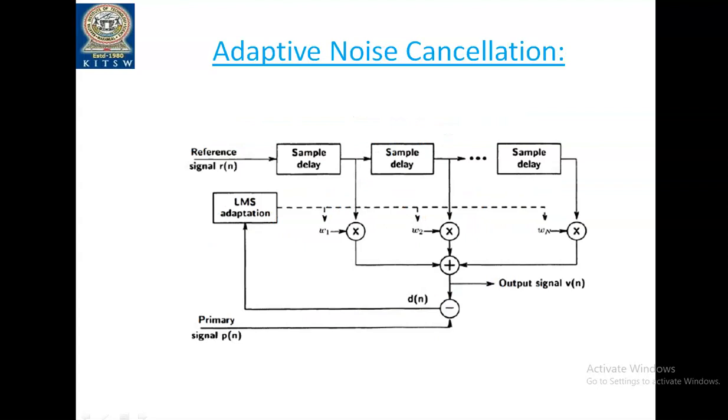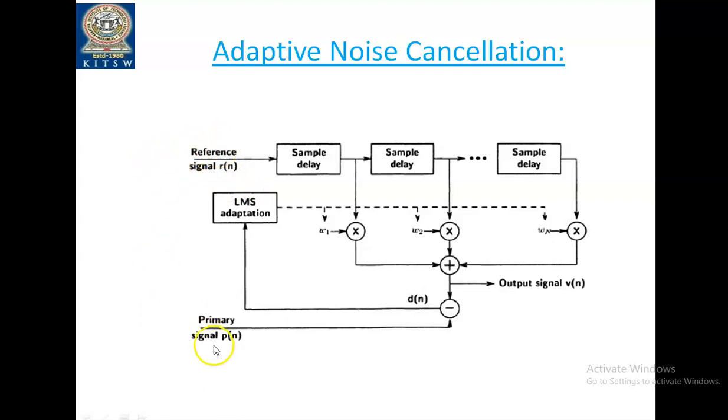So this is the block diagram of adaptive noise cancellation. As I mentioned in the previous slide, we use the reference signal, which is a noise signal, and it is given to the sample delays. Some sample delay units are taken into consideration. This is the primary signal P of n, and this is the reference signal that we deliberately give as a noise signal, which has to be correlated with the noise in the speech.